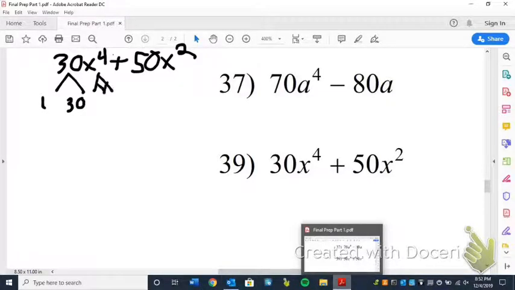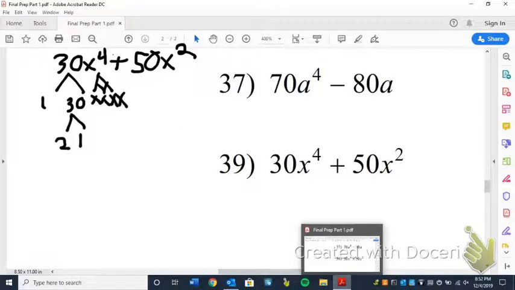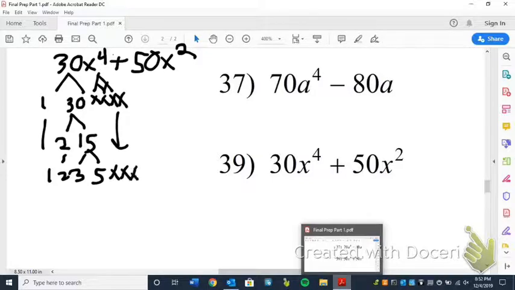And then 4 x's. 30 breaks down to 2 and 15. 15 breaks down to 3 and 5. So the prime factorization of 30x to the fourth is 1, 2, 3, 5, and then 4 x's.